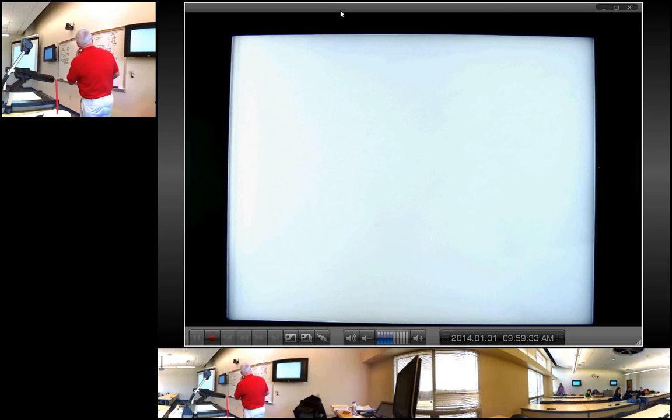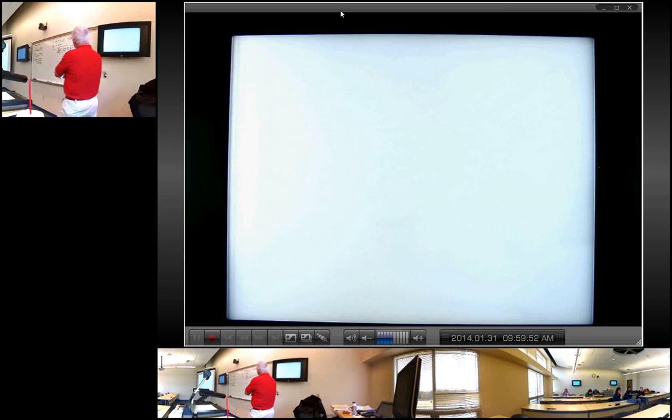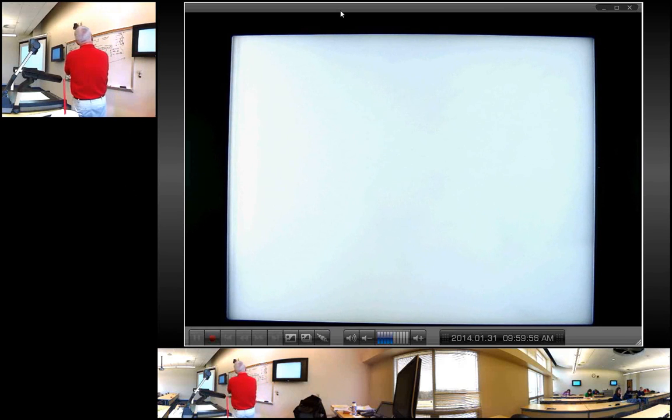Let's see. How would I get perpendicular to that? I don't know how I would do that. So that's a clue right there.